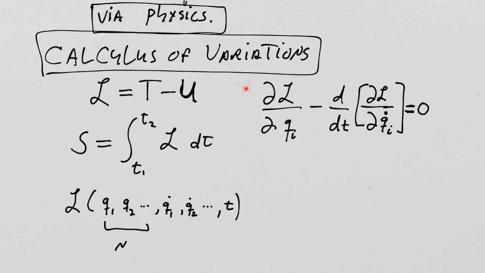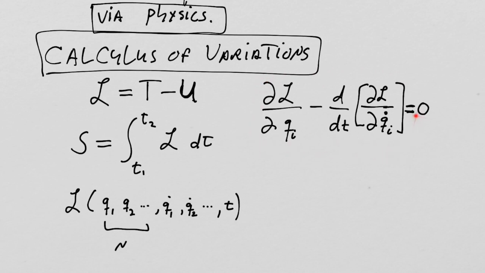Then you take the derivative of the Lagrangian with respect to the generalized coordinates. You take the derivative of the Lagrangian with respect to those generalized momenta. These were called generalized momenta, and these were called generalized coordinates. Then you take the derivative with respect to the ultimate independent variable, which is usually time. It won't be time in our case necessarily, but it's usually time. The difference between those two should be 0.